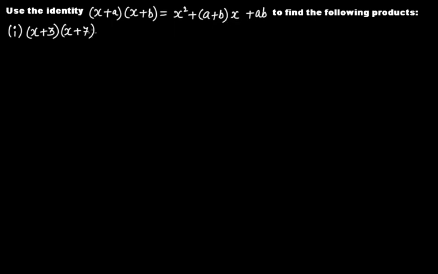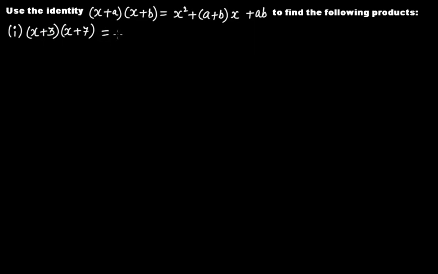Now, if you look at this expression, that is (x plus 3) multiplied by (x plus 7), and you have to use this identity to simplify it, then here you have x and this is 3, so x plus a means a is 3, then multiplied by x plus b, b means 7.